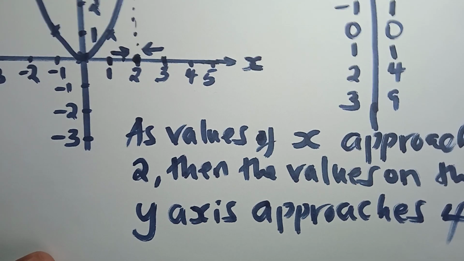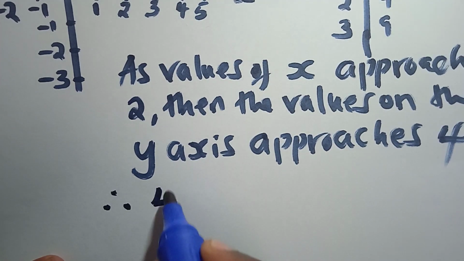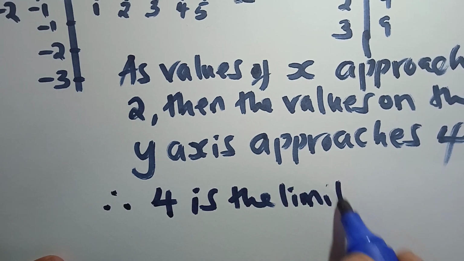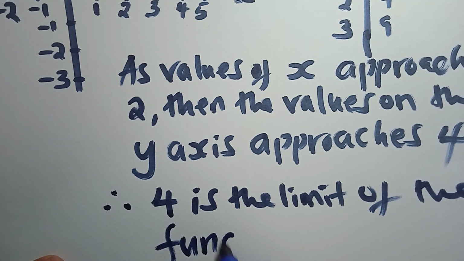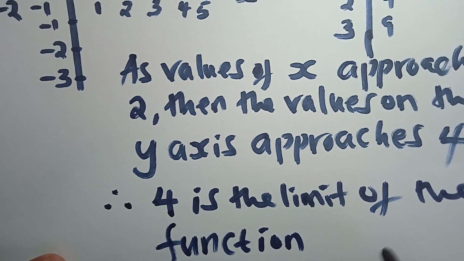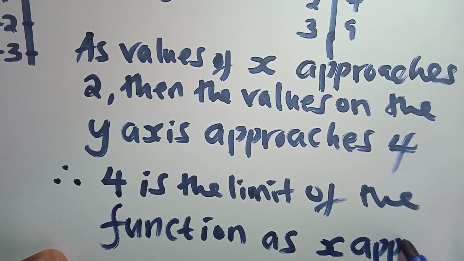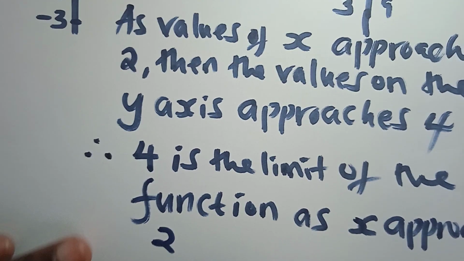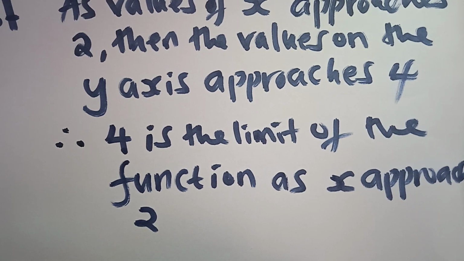Now notice that this is happening from both sides. So we simply say that 4 is the limit of the function as x approaches 2, or as x tends to 2. That is the formal definition that you'll want to give.